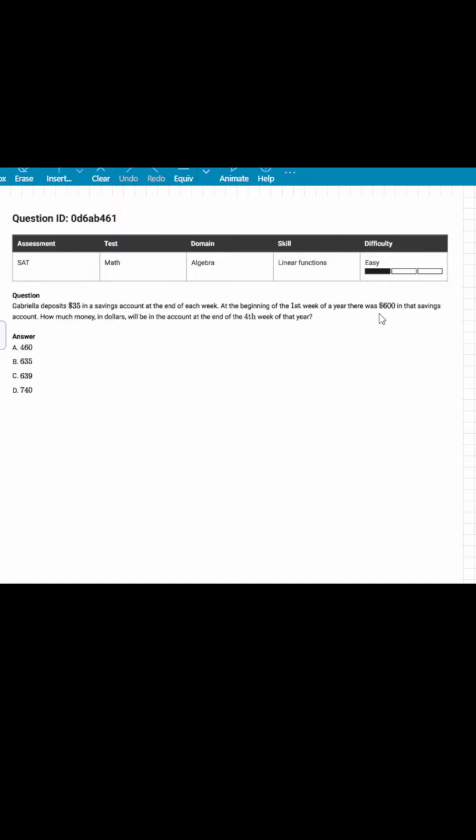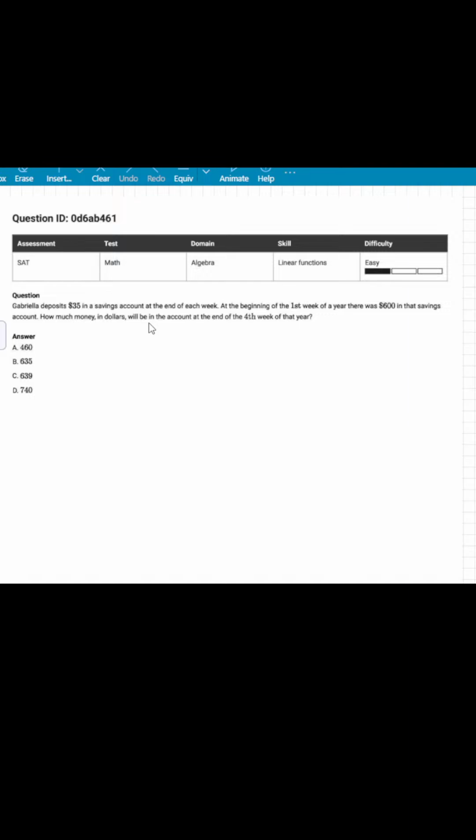So we have an initial amount that is $600, and we have a recurring savings that is being added, deposited, that is $35 for each week. At the beginning of the first week the amount is this, and then 4 weeks have passed, and at the end of the fourth week of that year, we have to find the amount in the account.